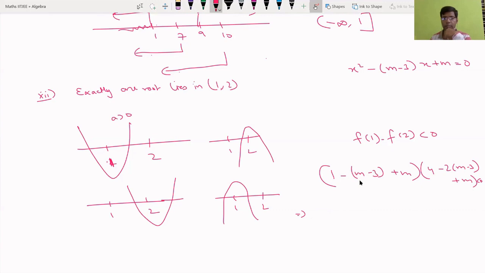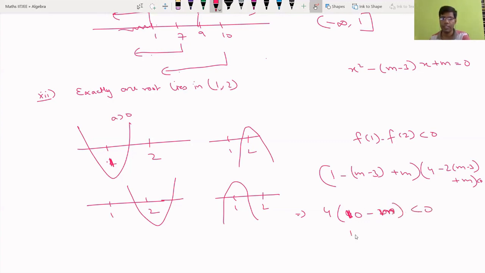So if I write it a little properly, this minus m and plus m will go away, and here I'll have 4 multiplied with, this will be 4 plus 6. So this is 10 minus 2m plus m. So this will be minus m less than 0.